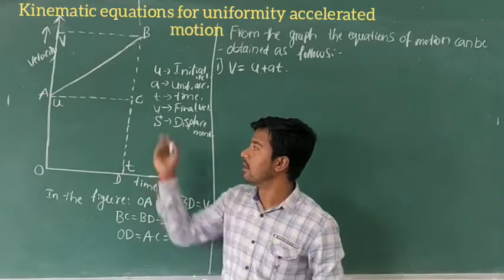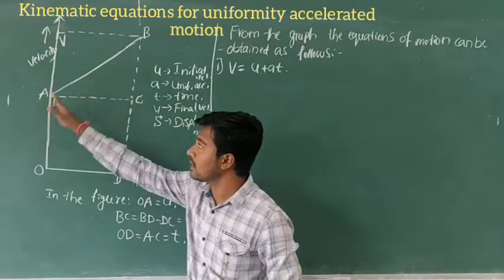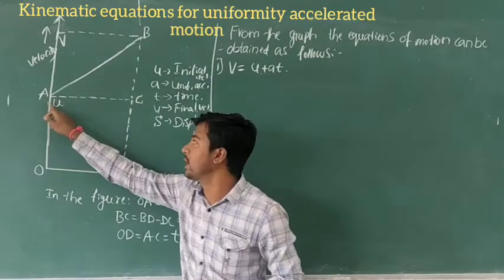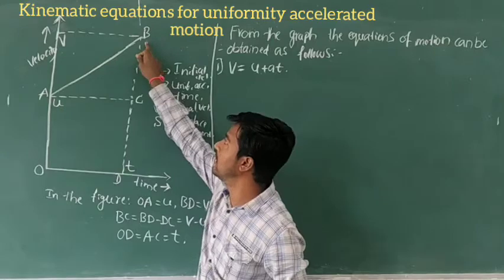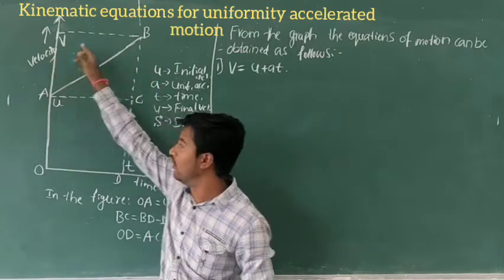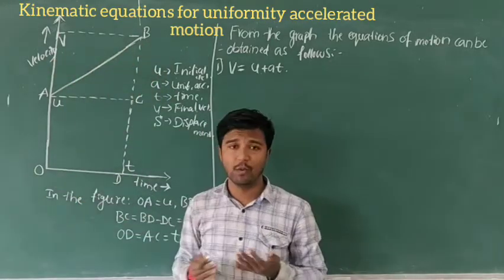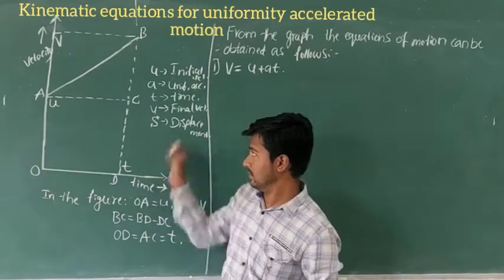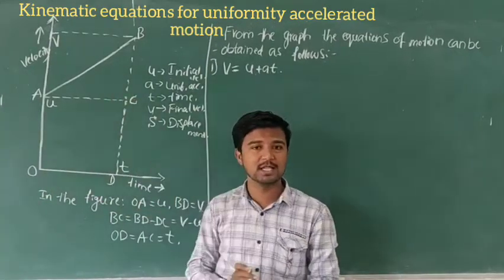Now, using the velocity versus time graph, the body starts with initial velocity u at point A, and the final velocity is v. Here O is the origin, and the diagram is the velocity versus time graph.